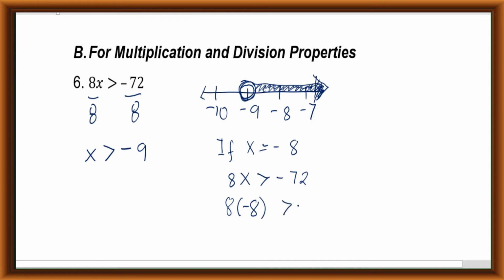Is it greater than negative 72? So clearly, 8 times negative 8 is negative 64, which is greater than negative 72. So therefore, our solution set is x such that x is greater than negative 9. So that is for number 6.